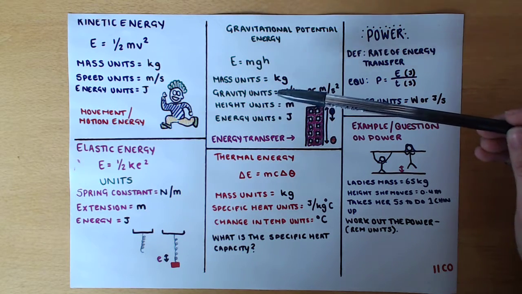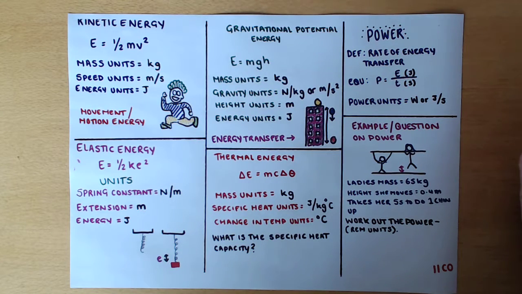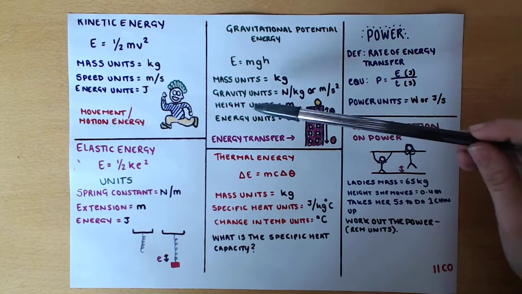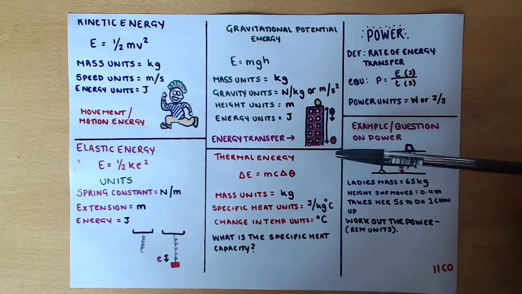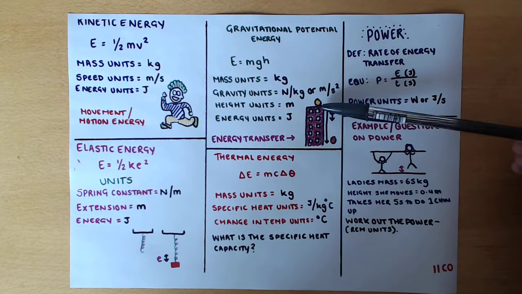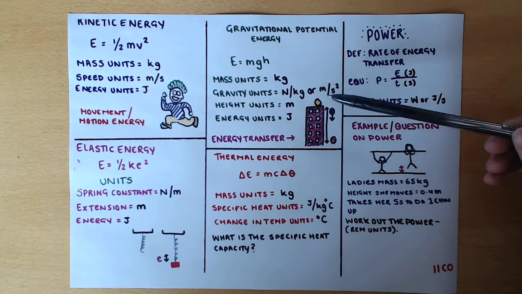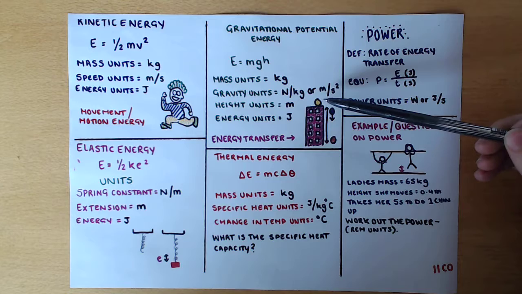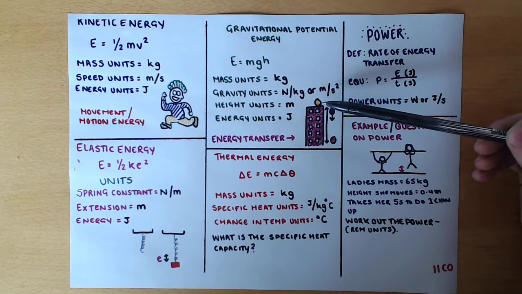In our GCSEs, gravity is normally known to be 10 newtons per kilogram. Height, h, has units meters, and that is, for example, in this diagram here, the distance from here to here. And energy, E, has units joules. So in this diagram here, you'll note that the yellow ball has quite a lot of gravitational potential energy because it's a high distance off the ground.